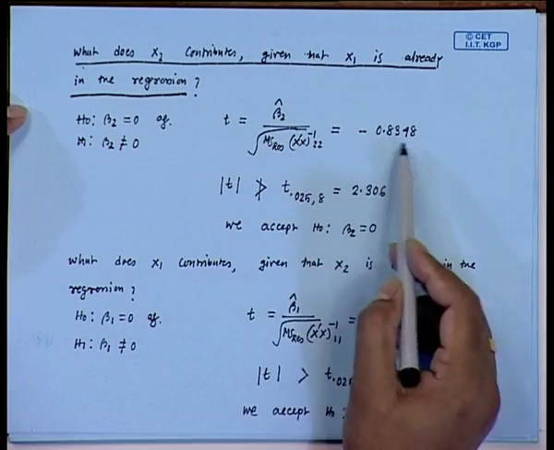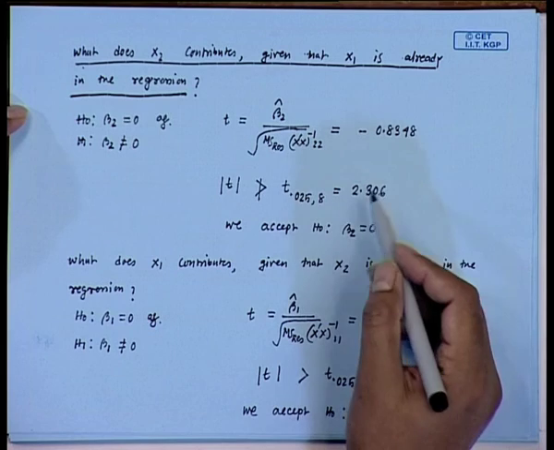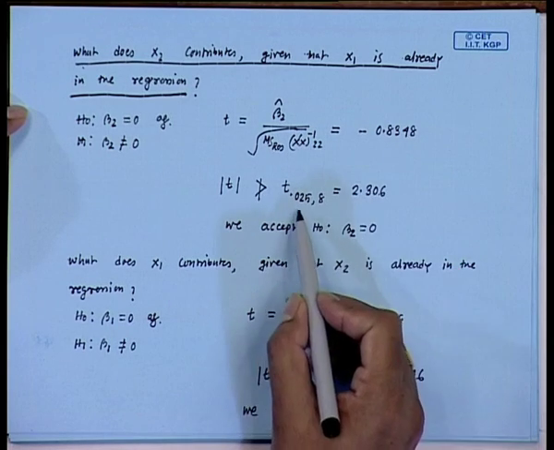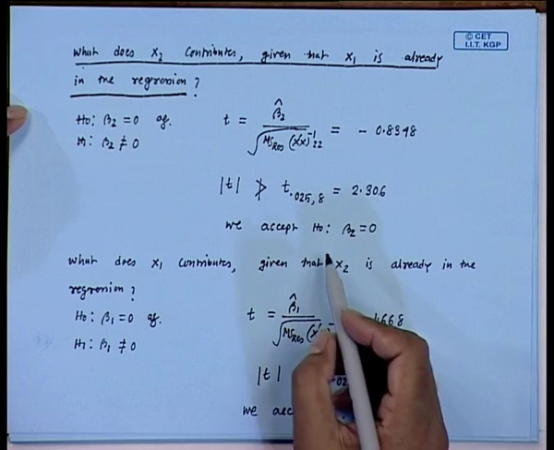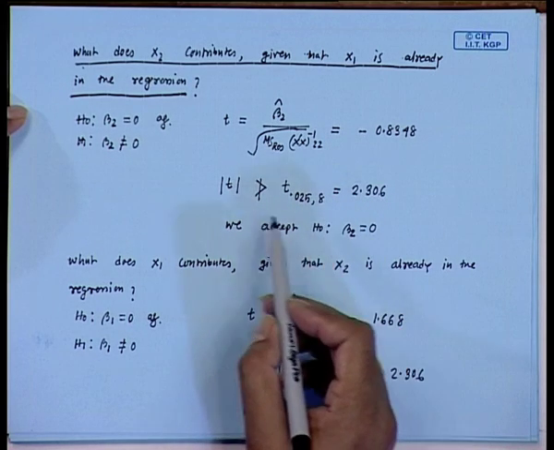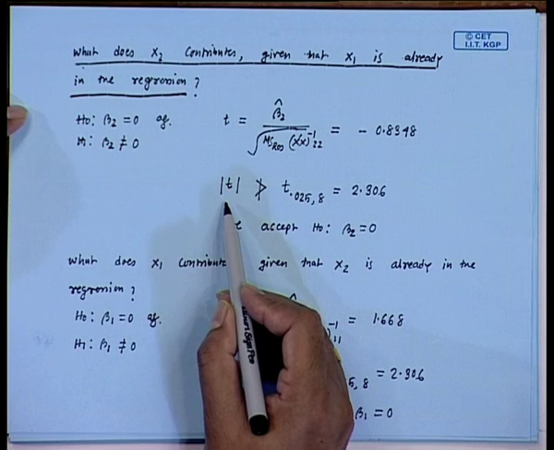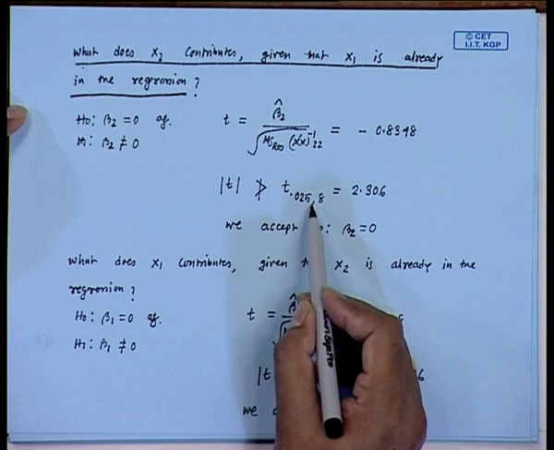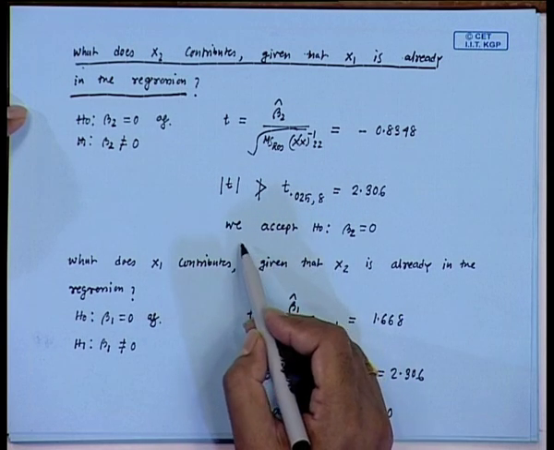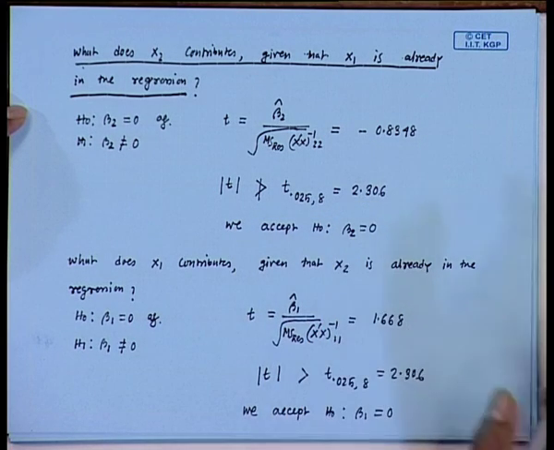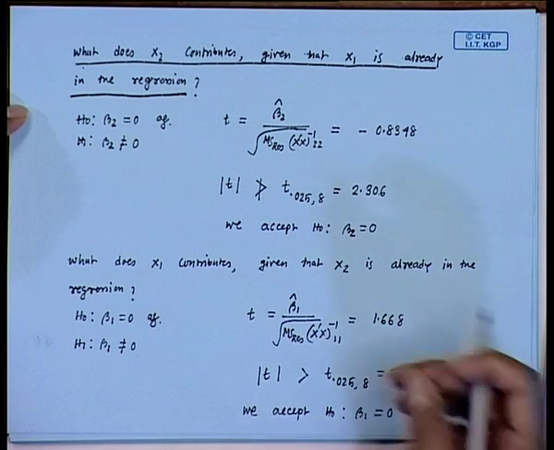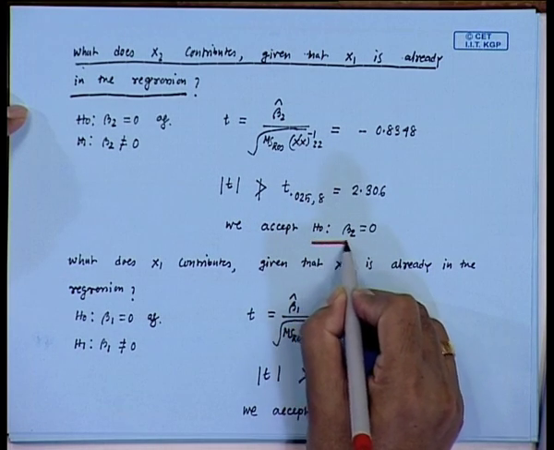Here the t value is this one. Now, the tabulated t value is 2.306, and the observed value is not greater than the tabulated value. So, we accept the null hypothesis that beta 2 is equal to 0.